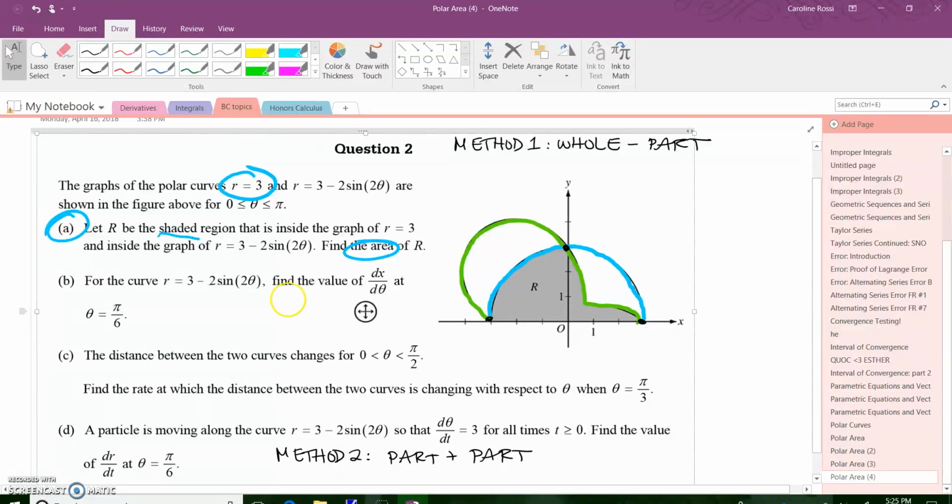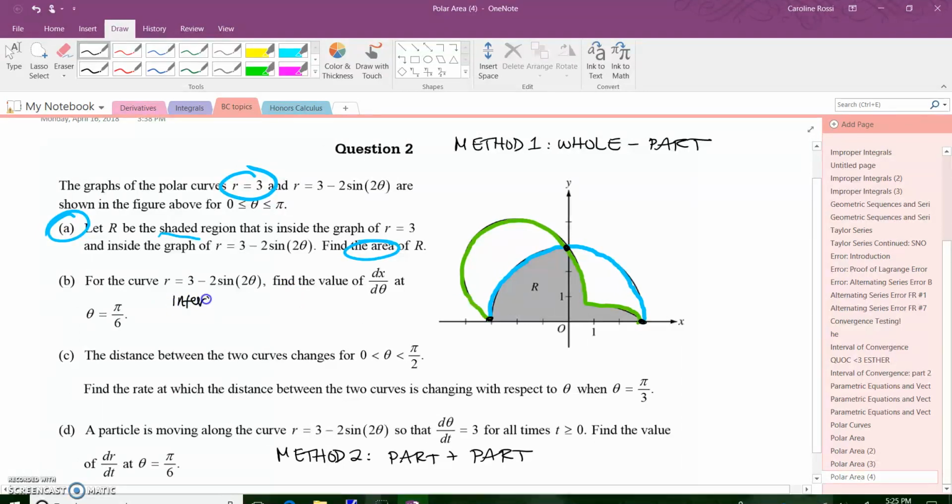So let's go ahead and find where they intersect. Write this work down, and if you want to sketch the region, I want you to sketch the region and mark it up, but I will give you the free responses next time I see you in class, just so you know. So I'm going to set r equal to r. My 3's cancel. I have 0 equals -2 sine of 2 theta.